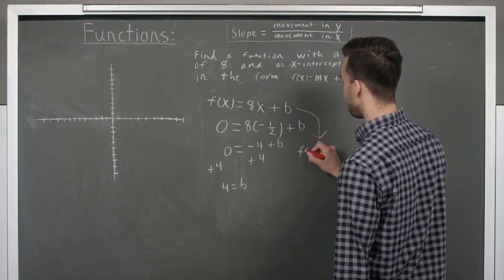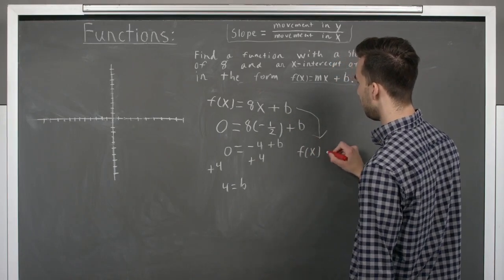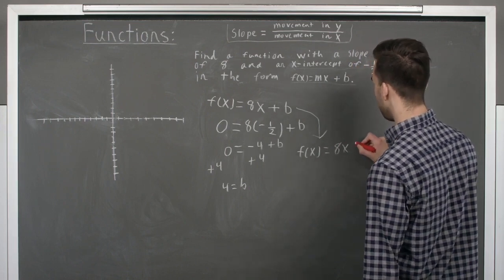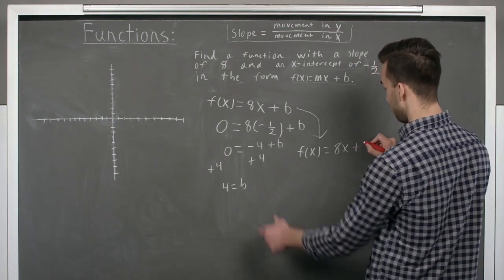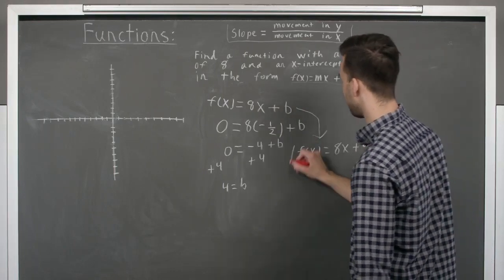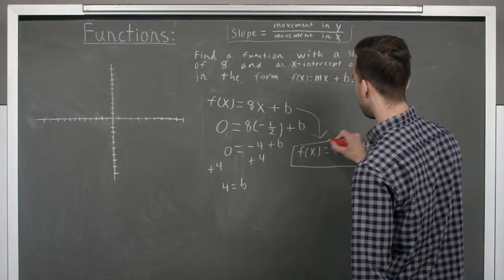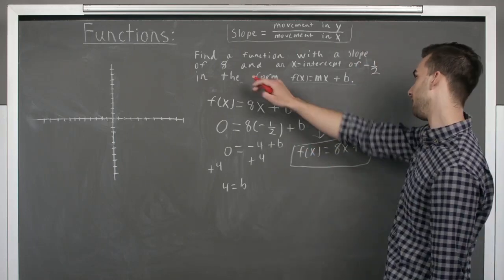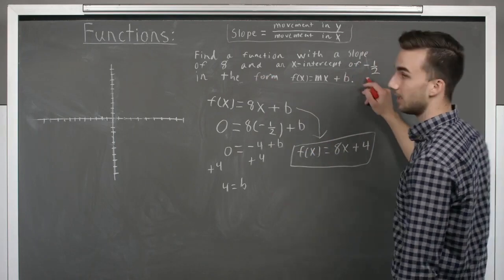So f of x is equal to 8x plus b, which is 4. So this is our solution. And if you graph this, it would give you a slope of 8 and an x-intercept of -1/2.